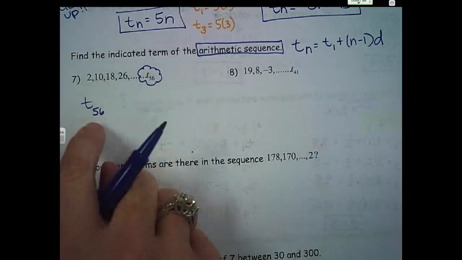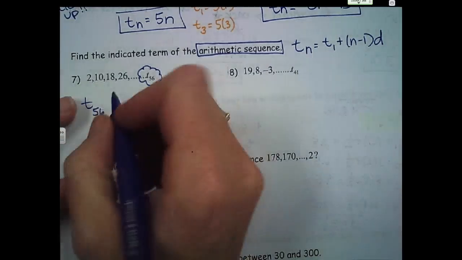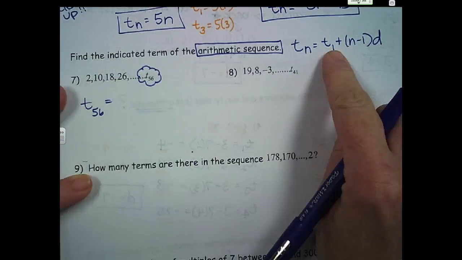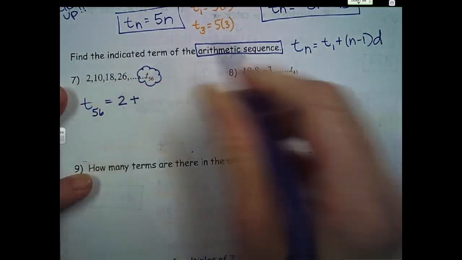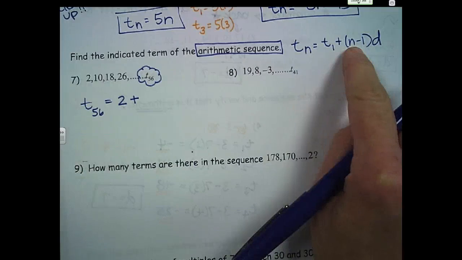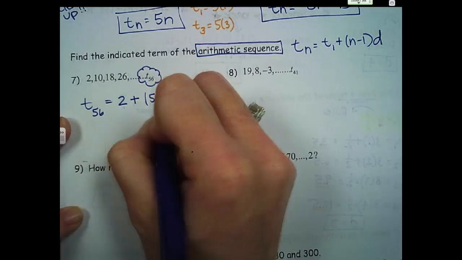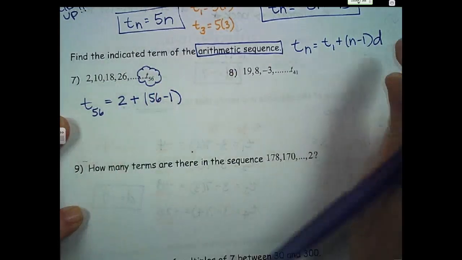So I want t sub 56 equals, what's the first term? Let's plug it in. 2 plus, what does n stand for? Which term am I looking for? 56. How many times do I need to make the jump? 56. And what's my common difference? 8.